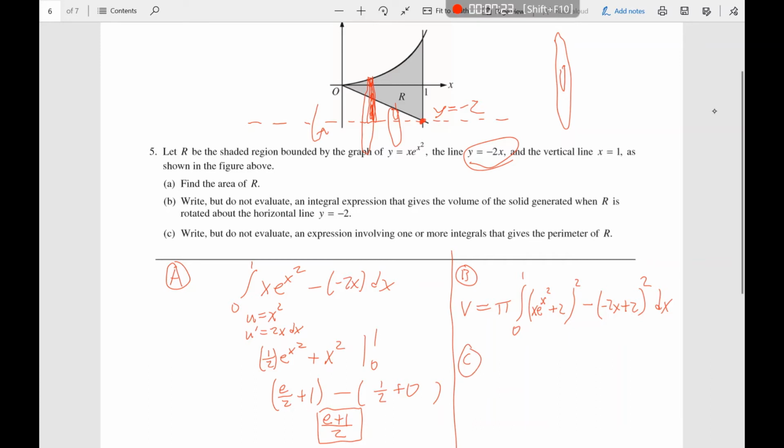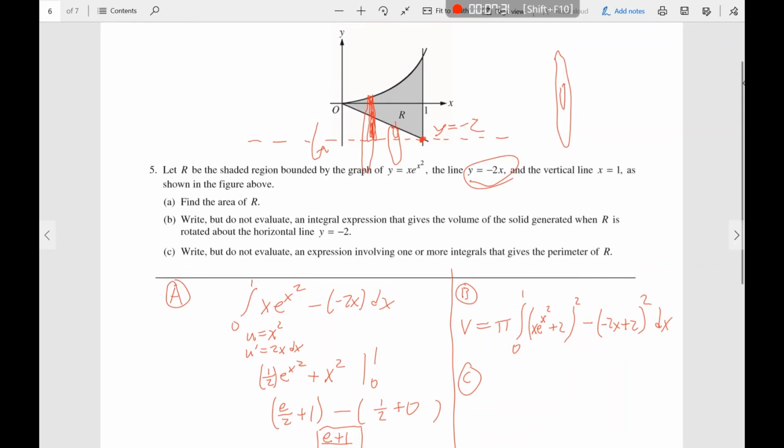Okay, then the last one. Write but do not evaluate an expression involving one or more integrals that gives the perimeter of R. Yep. So I'm going to erase all of this stuff.